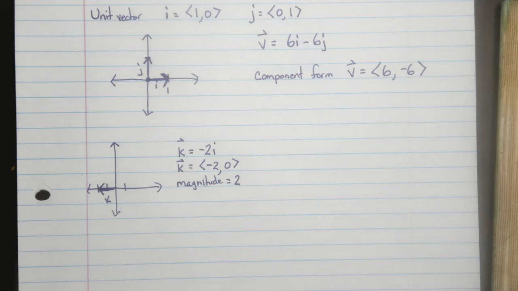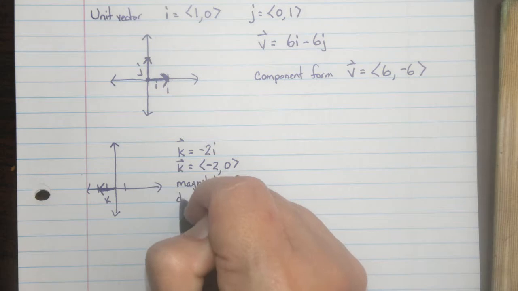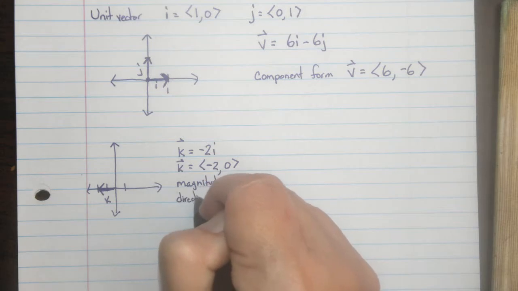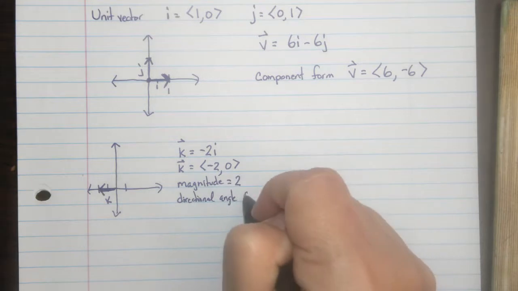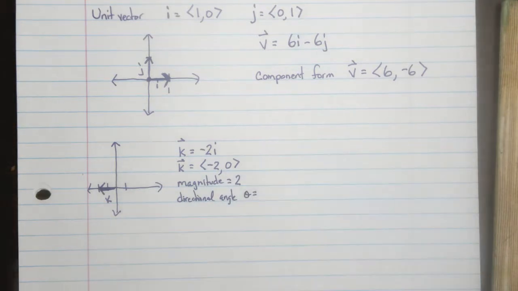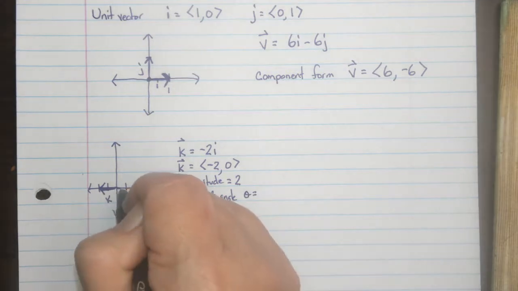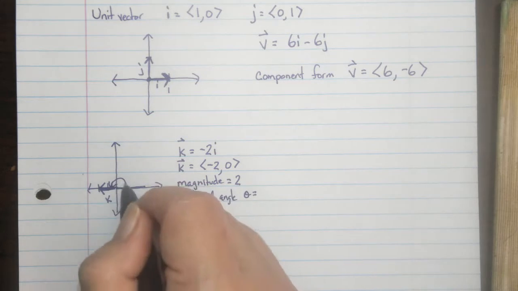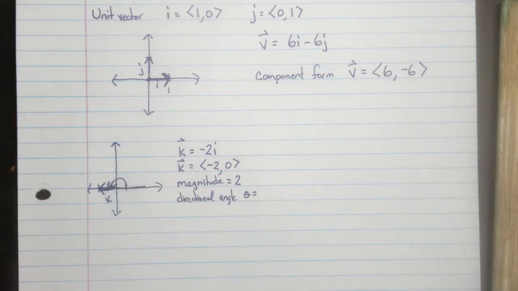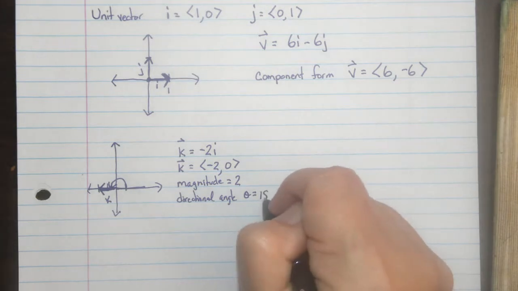And when I say the direction of my vector, I'm talking about the angle. So the directional angle, we'll use theta. And we're going to measure our angles the same way we did in trigonometry. So if I start on the positive x and I go around to this angle, how many degrees is that? 180 degrees, right?